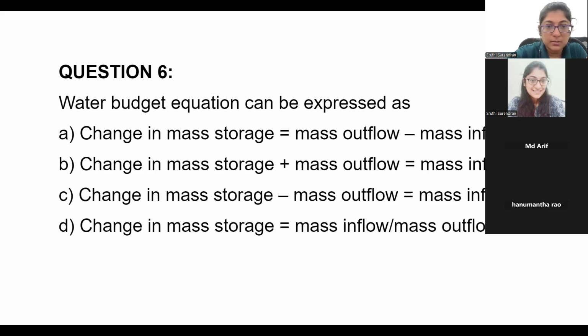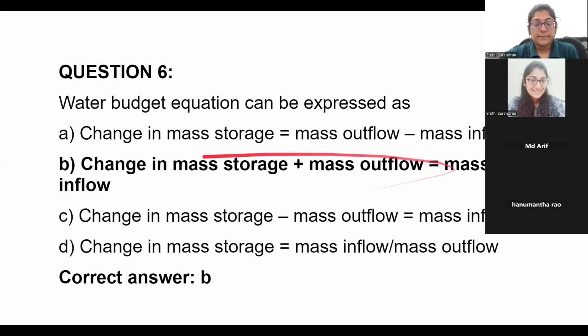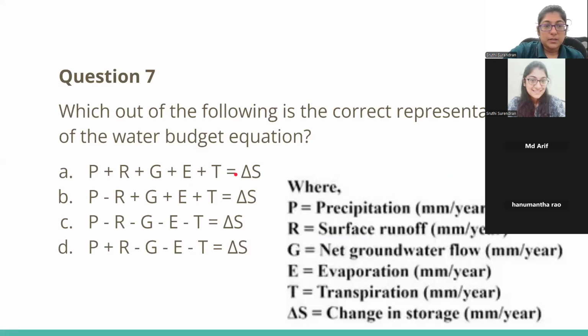Okay, so the correct answer is option B. Change in mass storage is equal to inflow minus outflow. Here it is just twisted a bit, rearranged a bit and given. So inflow minus outflow is equal to delta S. That is the water budget equation. So here the option B is what is depicting it correctly. Again, water budget equation with the components, which out of the following is the correct representation.